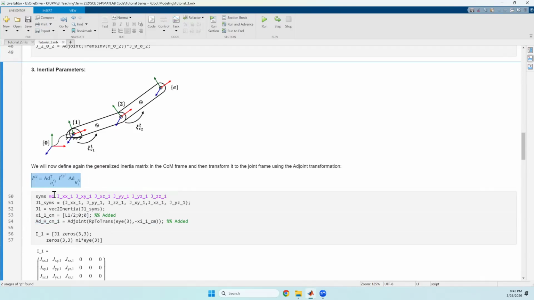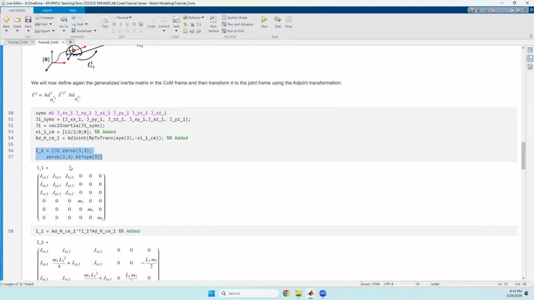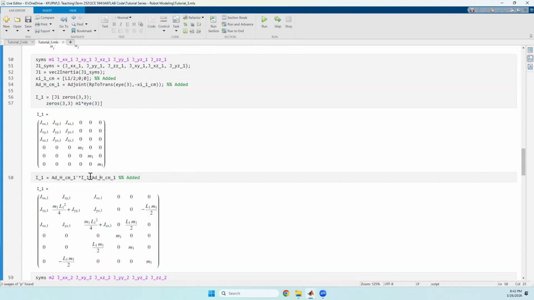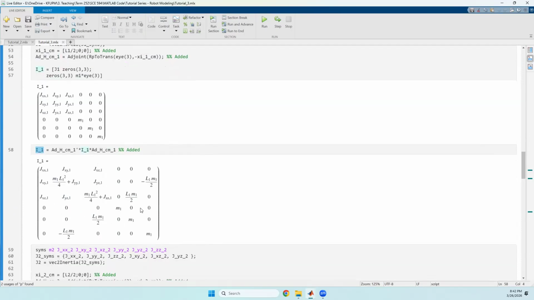So this expression simply takes care of transforming the generalized inertia from being at the center of mass, which has this expression, to the one that has this expression, because this is how it will look when we transform it to a frame that's not at the center of mass. If you take a closer look, you find that the bottom right corners are exactly the same.